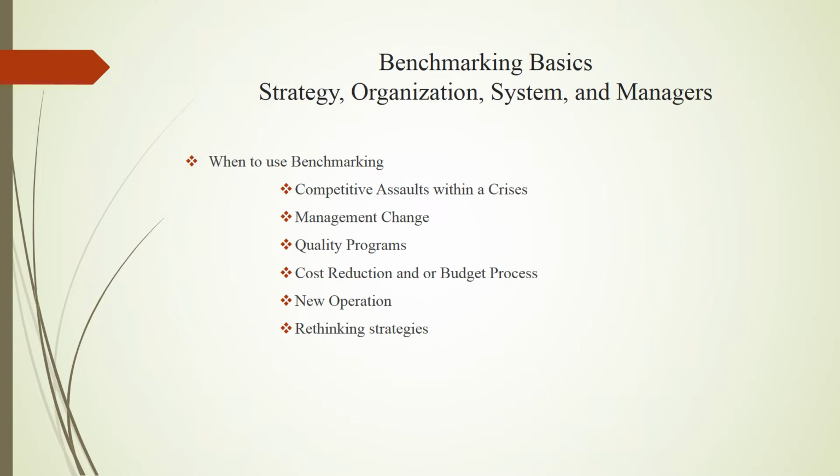Benchmark basics: strategic organization system and managers also focus on competitive assets and crisis as far as management change, quality programs, cost reduction, budget process, new operations, and they also rethink their strategies as far as trying to stay competitive within their basic functions and performance.